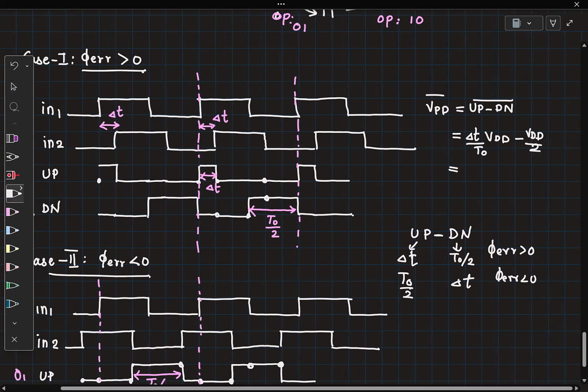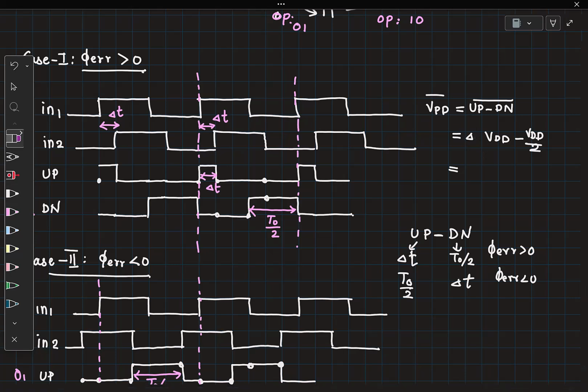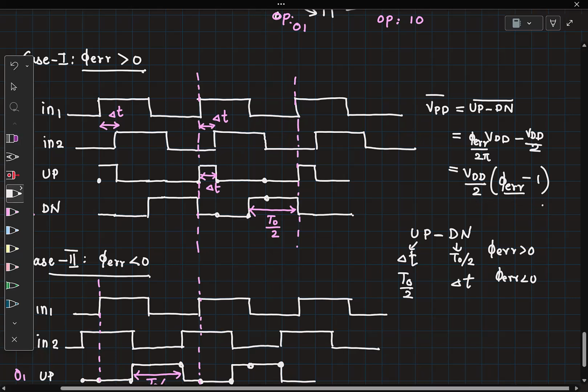So delta t by t naught can be replaced as phase error by 2 pi. I see that VDD by 2 is common for both the fractions, so I can take VDD by 2 common outside and I get the expression phase error by pi minus 1.